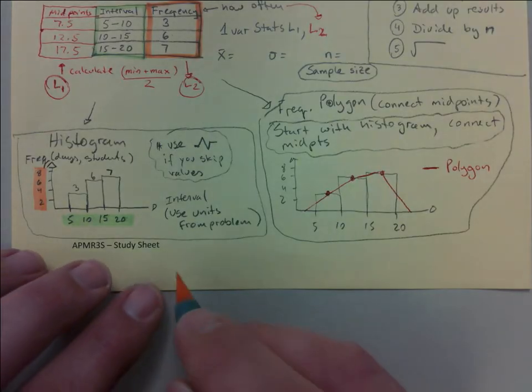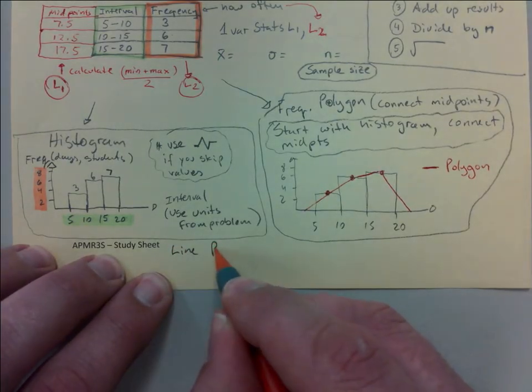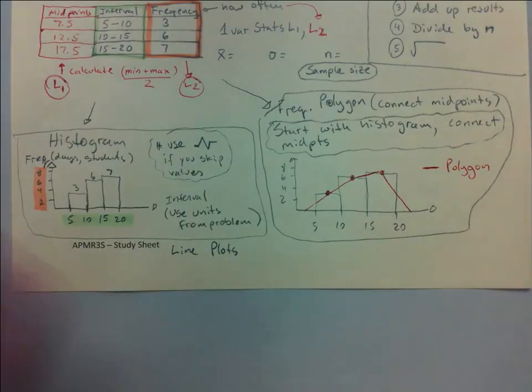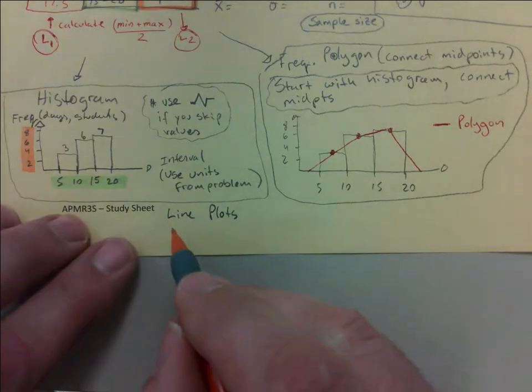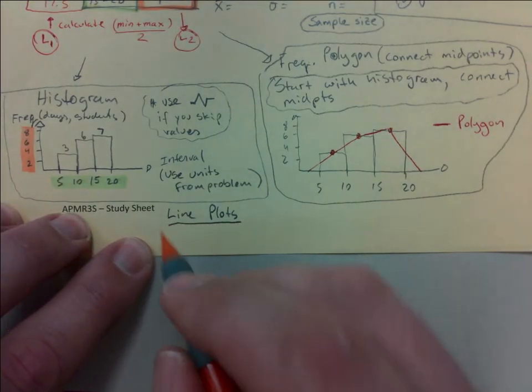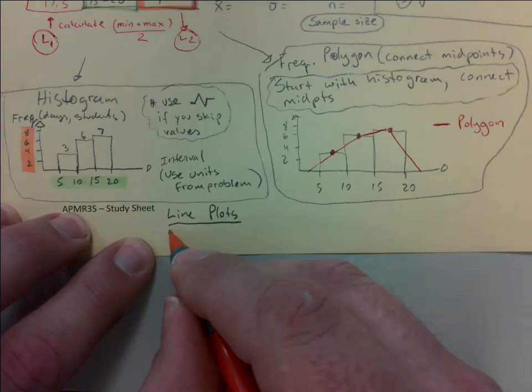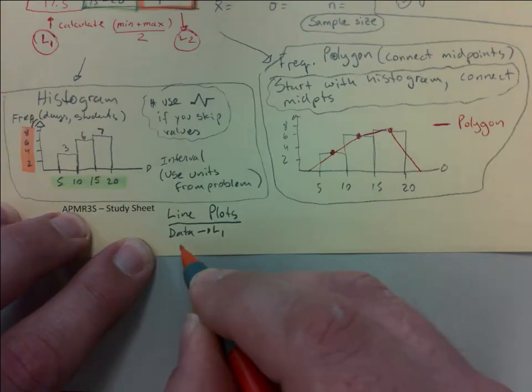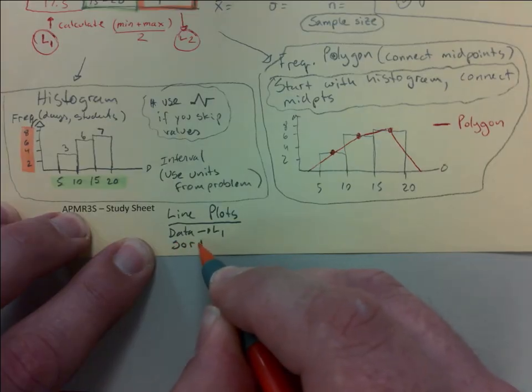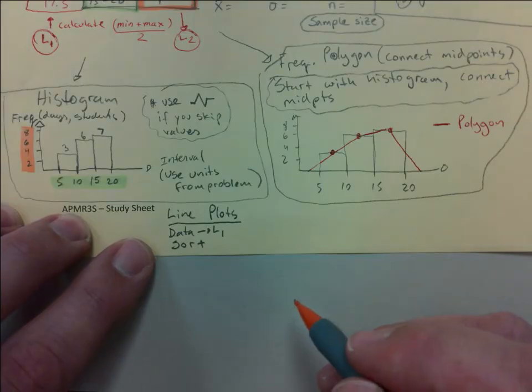I don't think so. Line plots. I'm going to zoom into this. I would say data goes into L1, then sort. Okay?